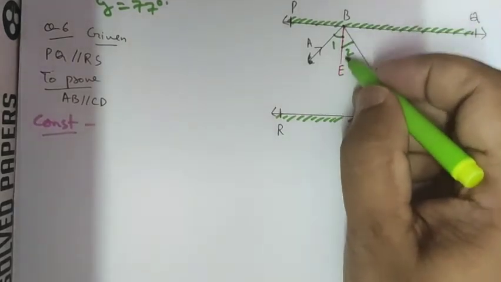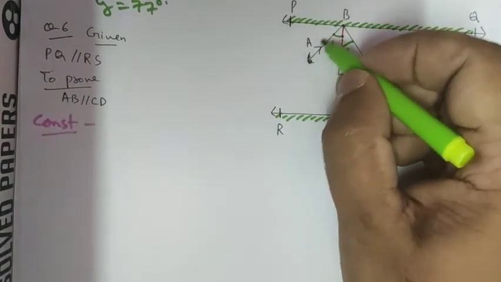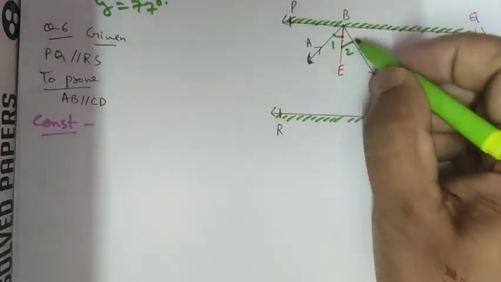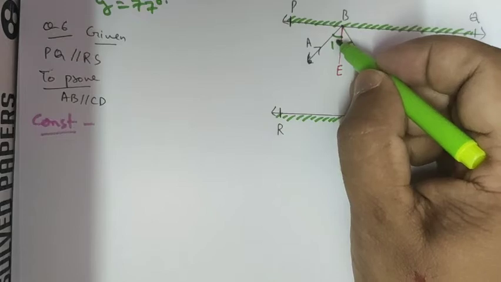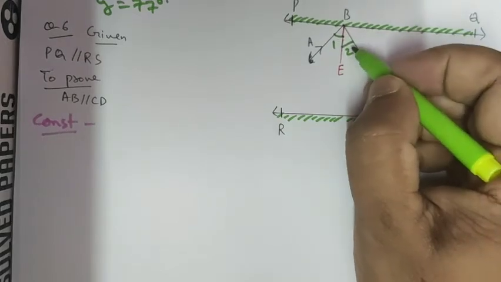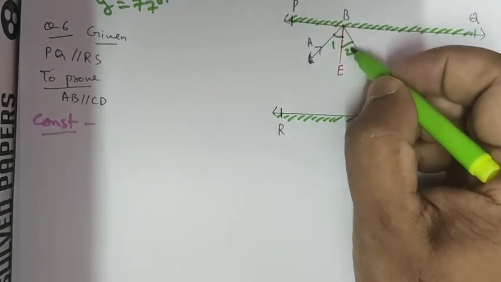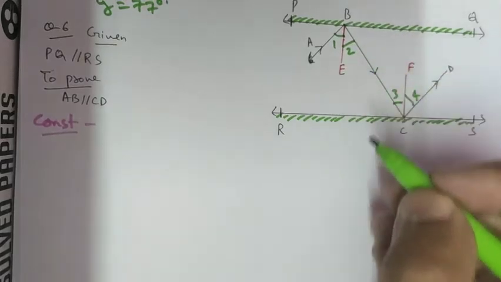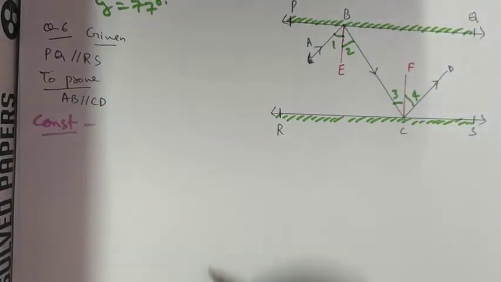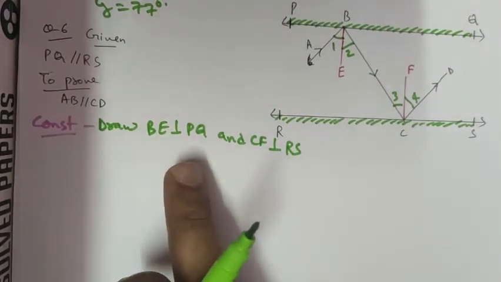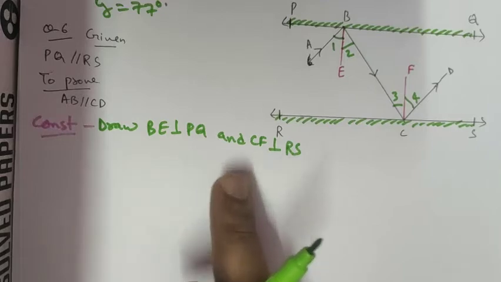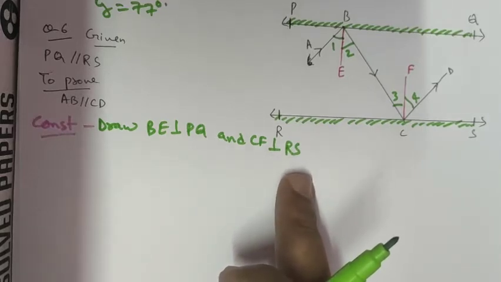BE will be the normal, AB will be the incident ray, BC will be the reflected ray. So angle 1 will be the angle of incidence and angle 2 will be the angle of reflection. We know that the angle of incidence is equal to the angle of reflection. So we have drawn BE perpendicular to PQ and CF perpendicular to RS.